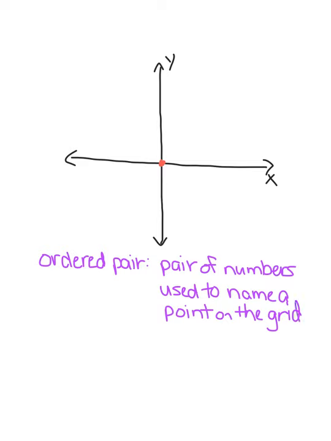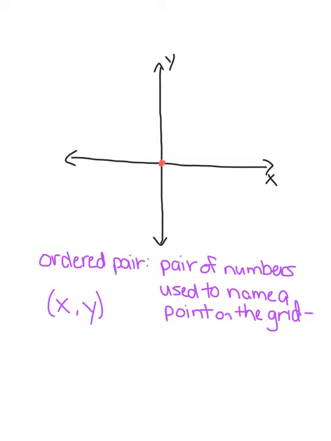And it looks like this, x, comma, y, right? So an ordered pair is a pair of numbers used to name a point on the grid. And I'm going to say, and then I'm going to put a line here.